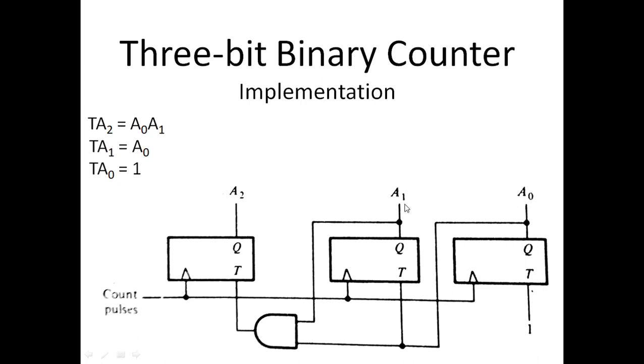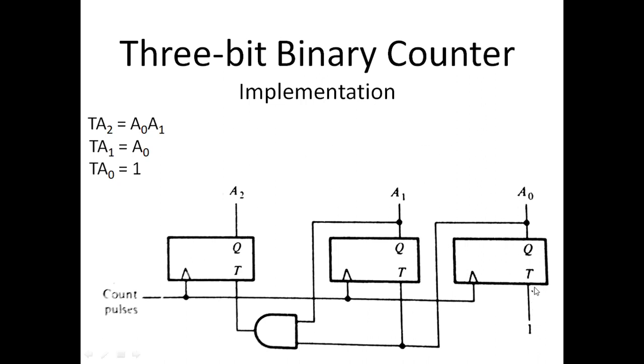So these 3 outputs A0, A1, and A2 are actually the states of the 3 flip-flops, and these 3 outputs, or the current state, are actually the sequence that we want these 3 flip-flops to show.